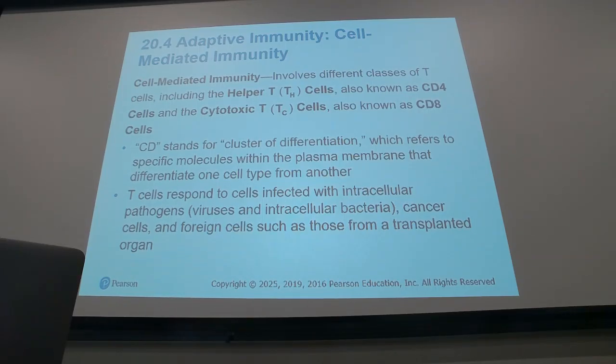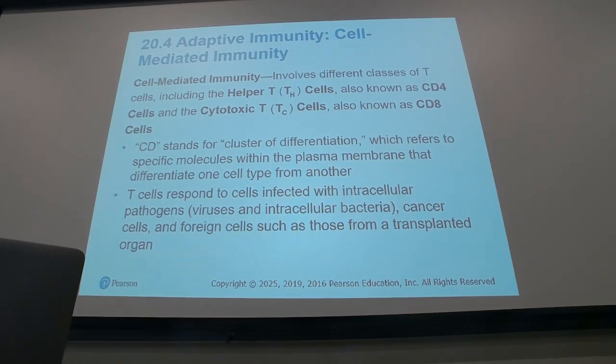Okay, now for adaptive immunity. So in adaptive immunity, we have the cells of adaptive immunity, which will be the lymphocytes, T and B. NK cells are part of the innate immunity.